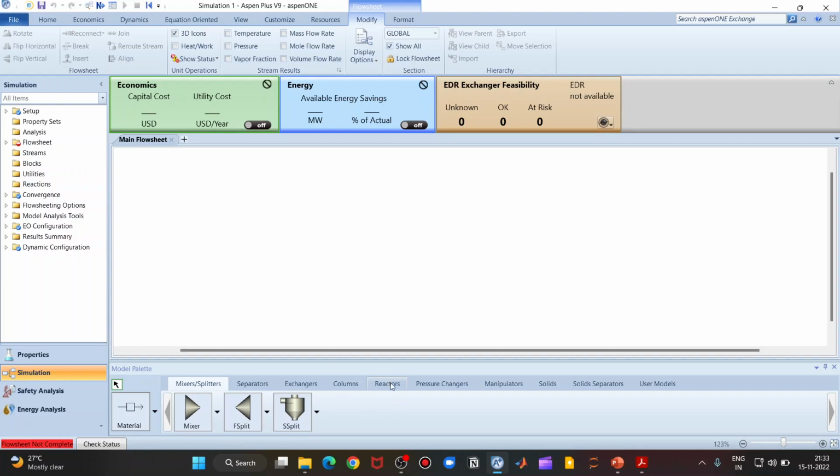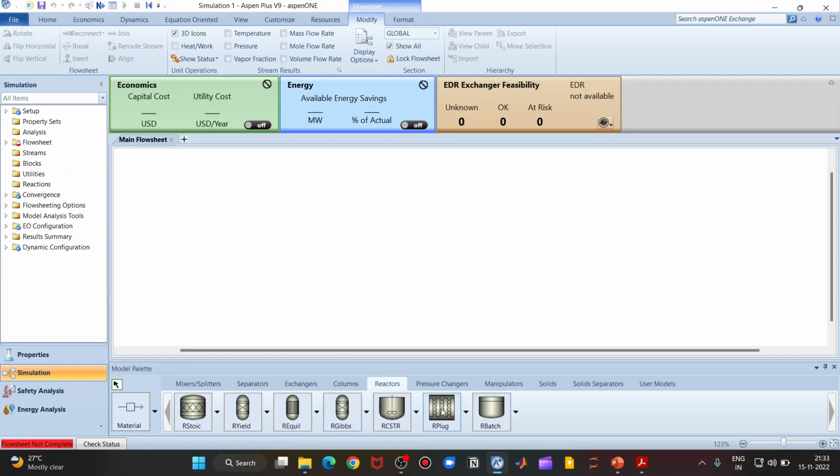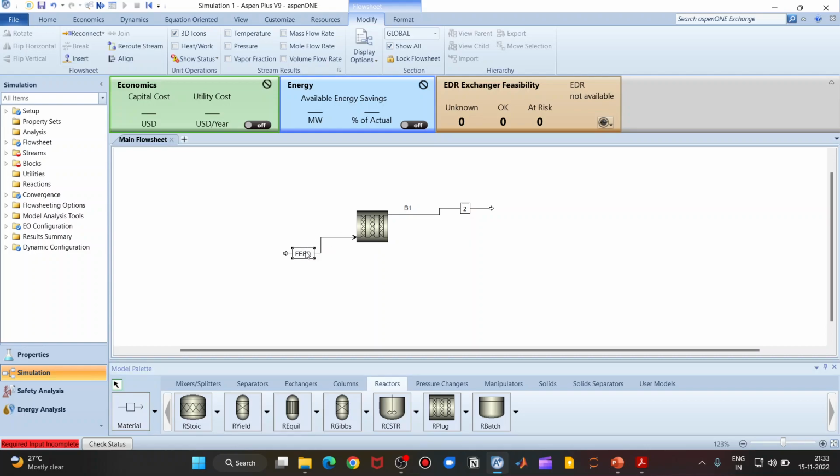Go to the reactors tab and click on the plug flow reactor, and now add the inlet and outlet streams, and let's rename the streams as feed and products. Okay, and let's rename this as reactor.